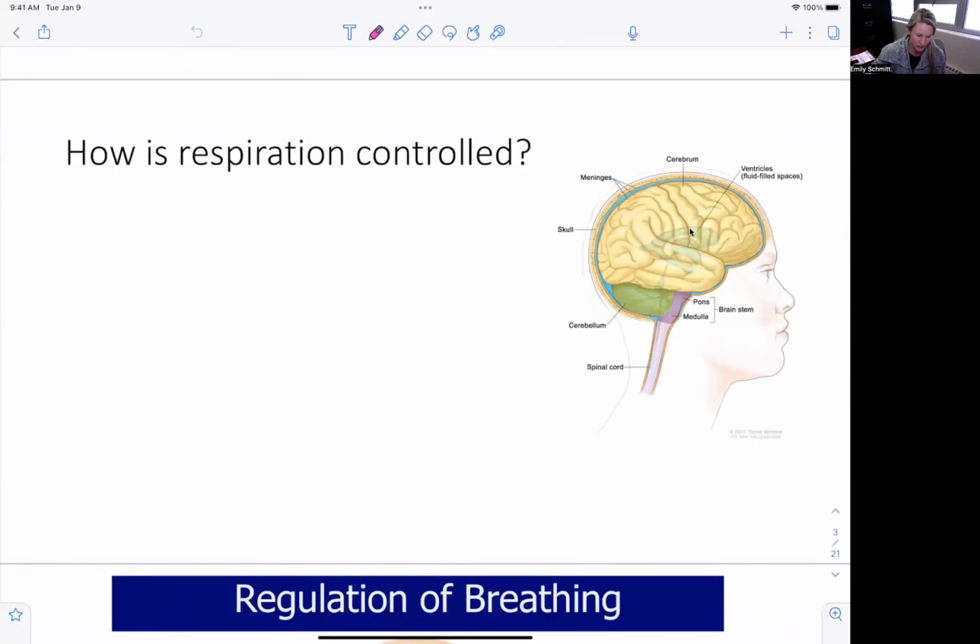So how is respiration controlled? Well, we know that breathing is involuntary. But we can actually control breathing. You can purposefully breathe.